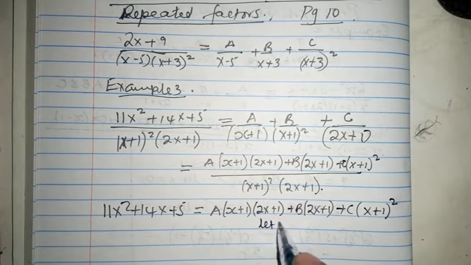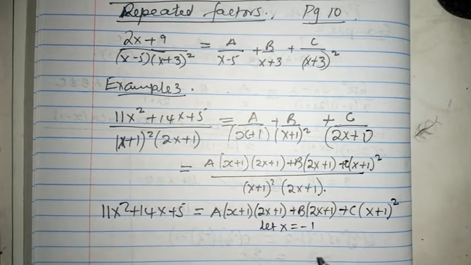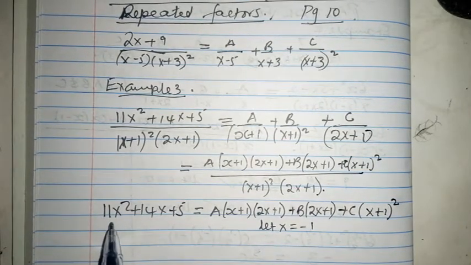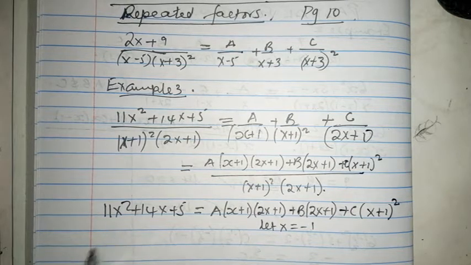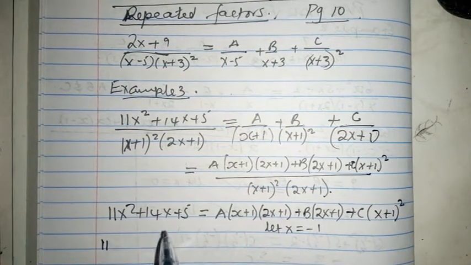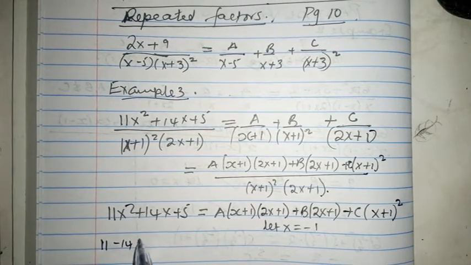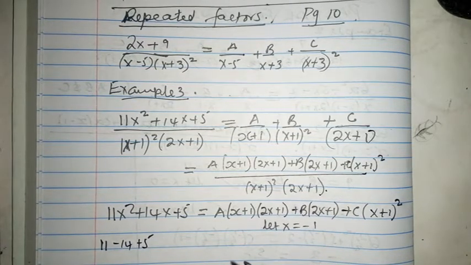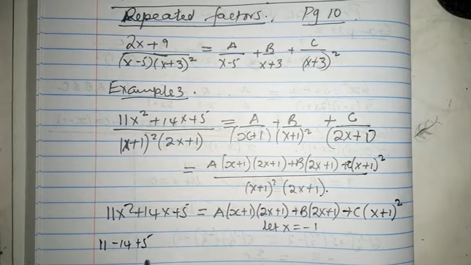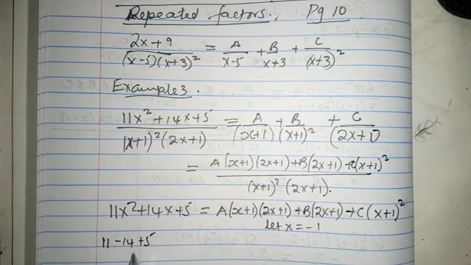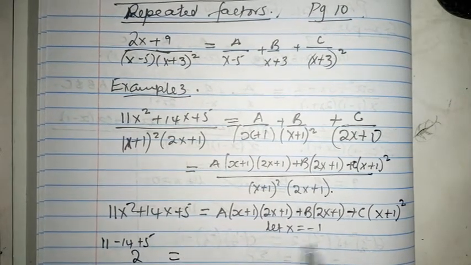So let x be -1. And when x is -1, we are going to have 11 plus -14 plus 5. This is 16 minus 14, which is 2, which is 2, being equal to what?